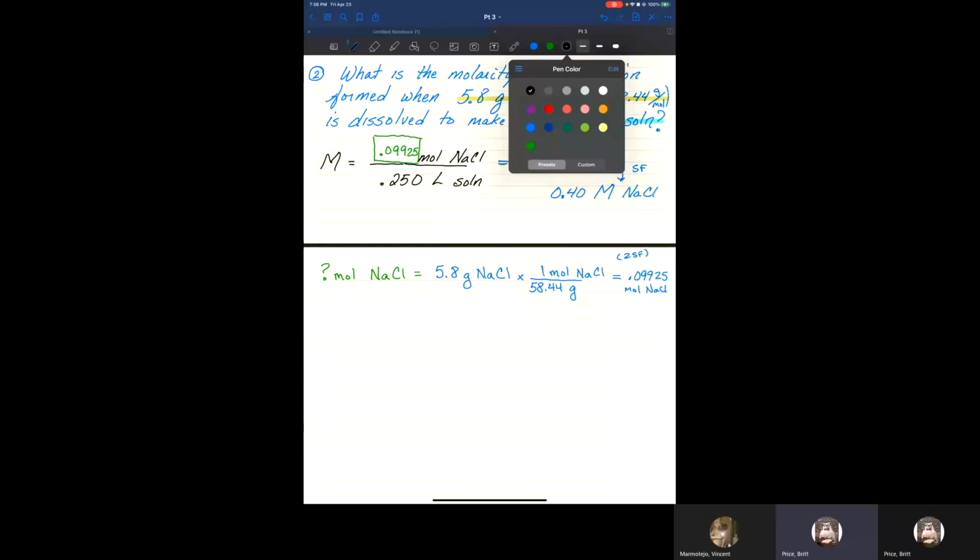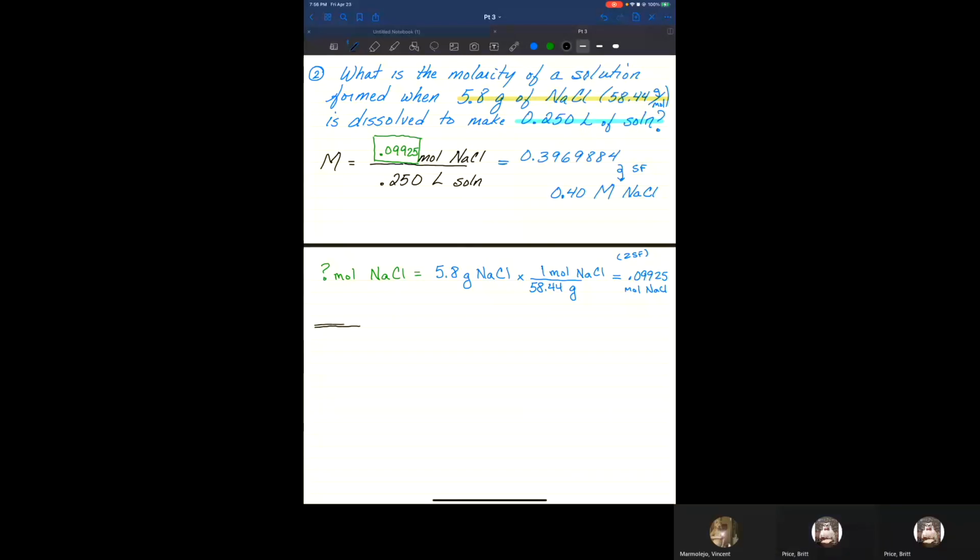Now, those next examples, so examples of using molarity.